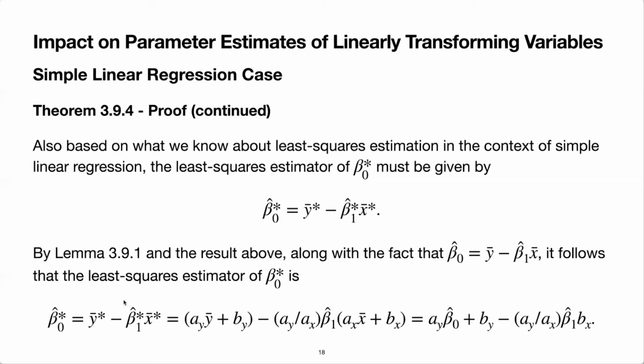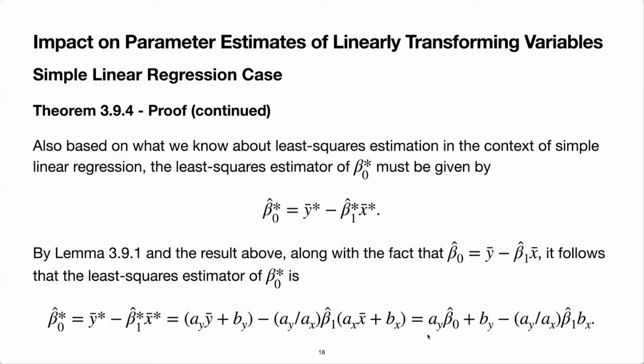If we plug in the expression for y bar star, we get a sub y times y bar plus b sub y, minus, and then we plug in the value for beta 1 star hat that we just found. And so we get a sub y over a sub x times beta 1 hat times, and then x bar star is a sub x times x bar plus b sub x.